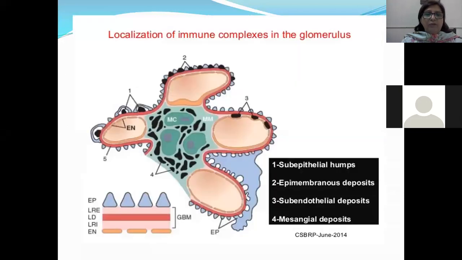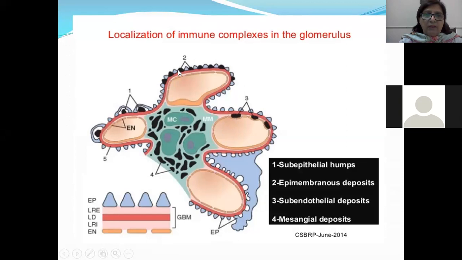Okay. So if you see this diagram, localization of immune complexes in the glomerulus, this is a good diagram to explain. They can be present on the subepithelial side, and these are known as subepithelial humps. Number two, epimembranous deposits, in between the membrane.